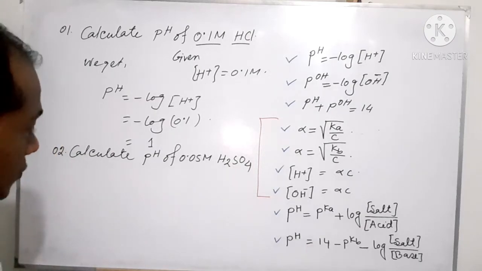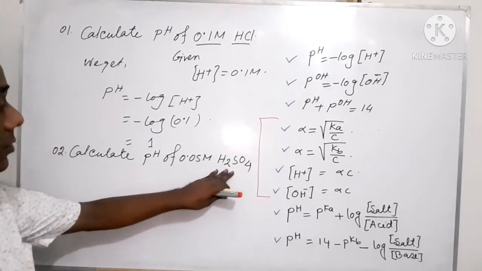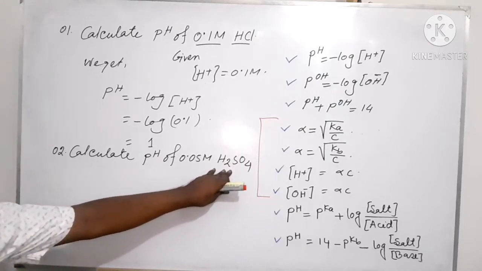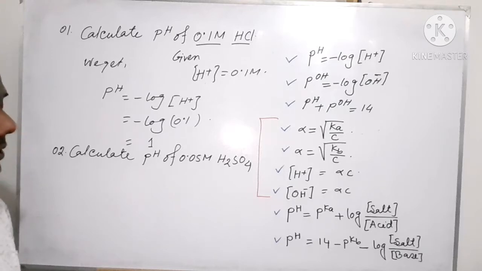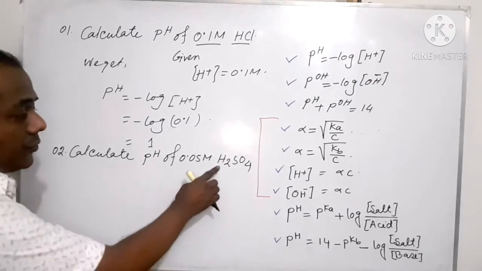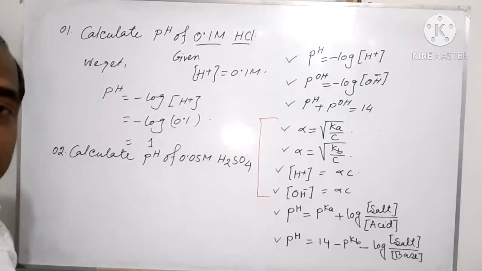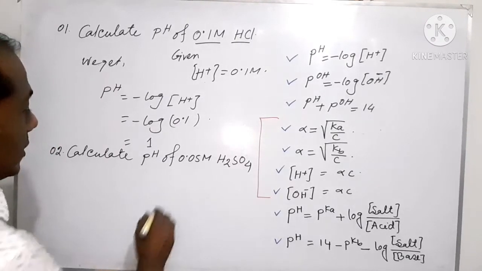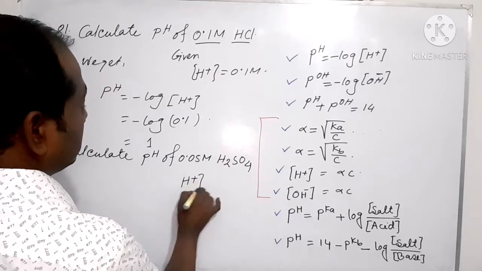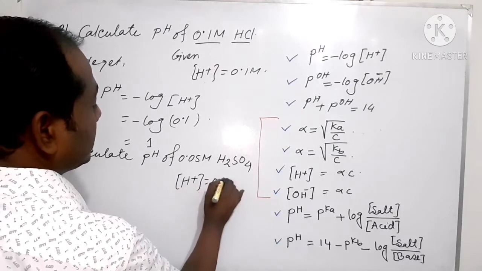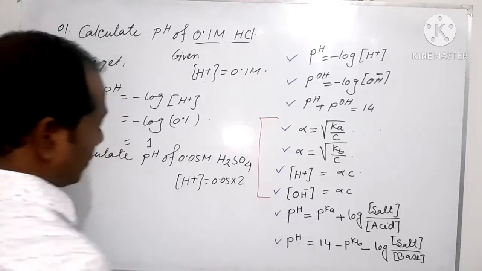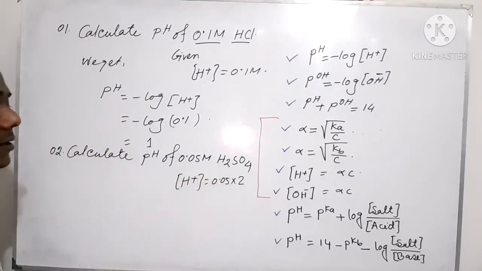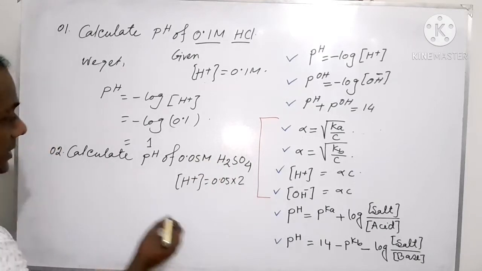Here, one thing we have to know is that from 1 mole sulfuric acid we get 2 mole hydrogen ion. So the concentration of hydrogen ion equal to 0.05 into 2, because we get 2 mole hydrogen ion from 1 mole sulfuric acid.